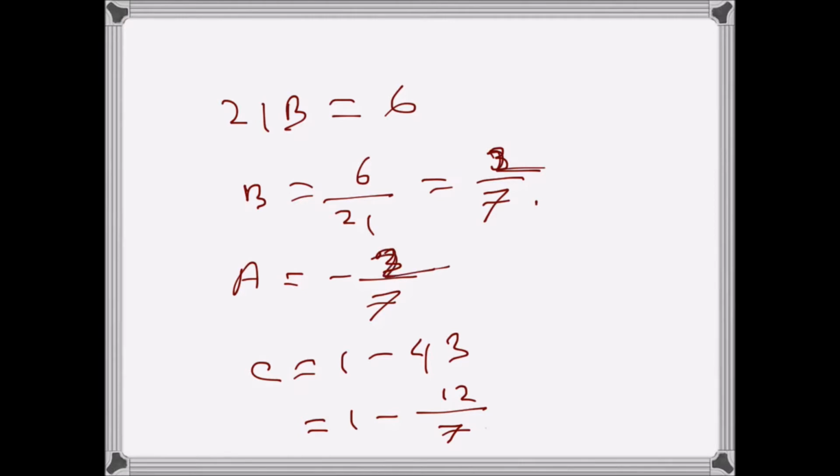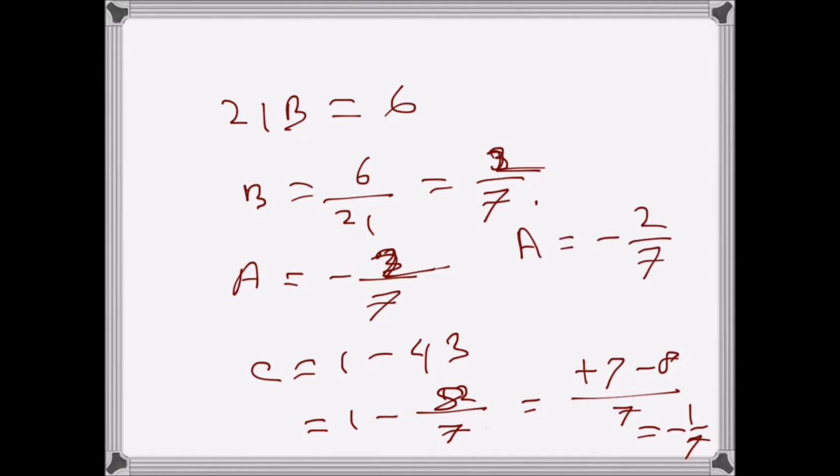So that becomes 7 over 7 minus 8 over 7, so that's minus 1 over 7. So A is minus 2 over 7, B is 2 over 7 and C is minus 1 over 7.